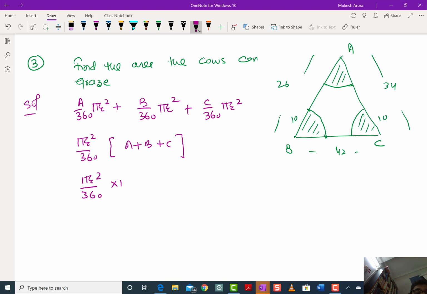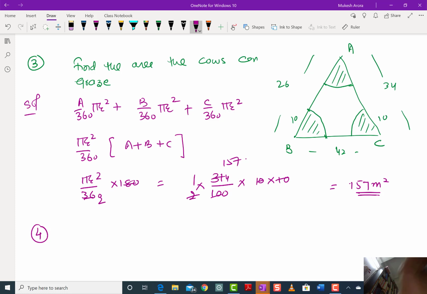So 180 by 360 into pi, 3.14 by 100 into 1 by 2 into 10 into 10. So it can graze 157 meter square of area. The question is how much it cannot graze. Then the area of scalene triangle minus area of which it can graze.